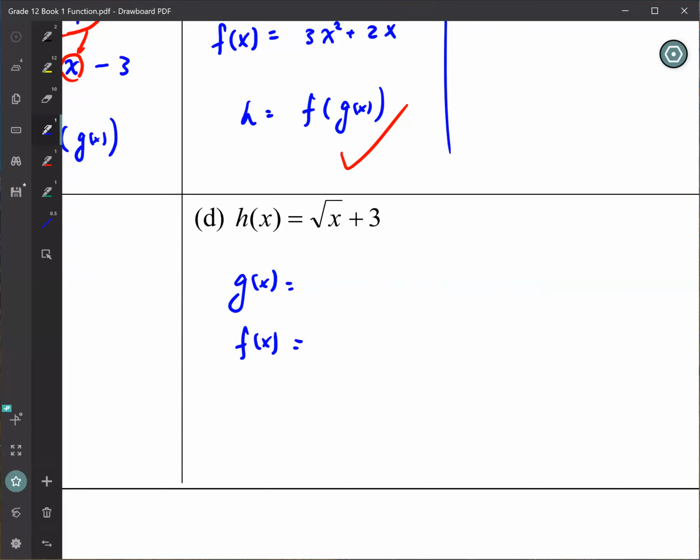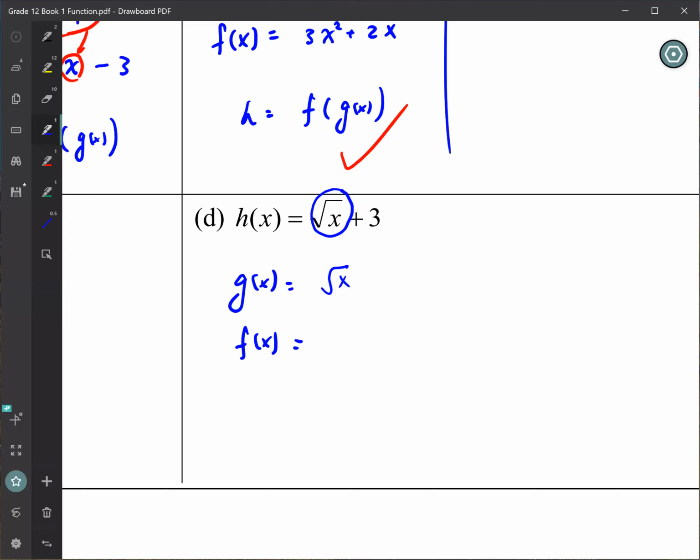Okay, Trudy? I just also used x. William, did you also use x? What did you use for the inside? I use square root of x. So the whole square root as the inside. Yeah, better than x, right?